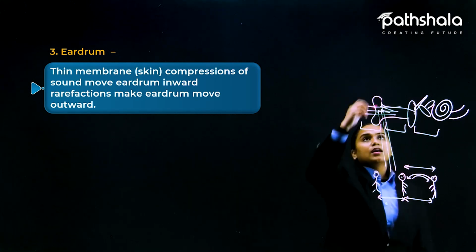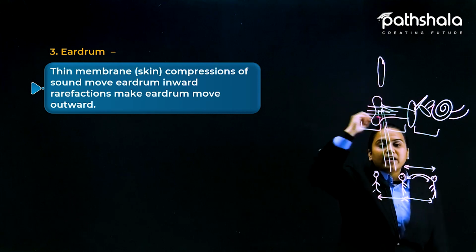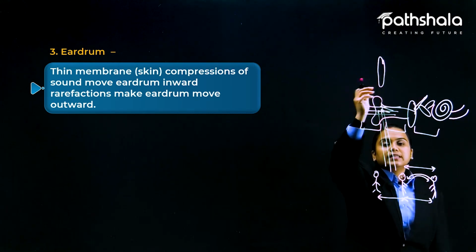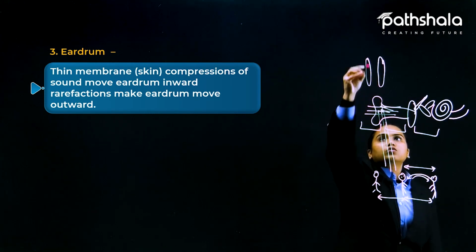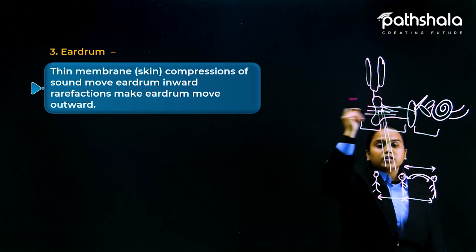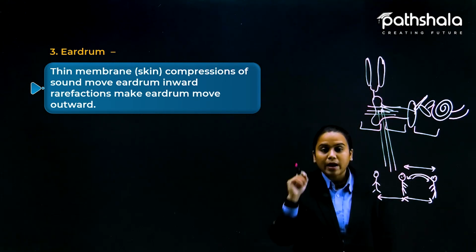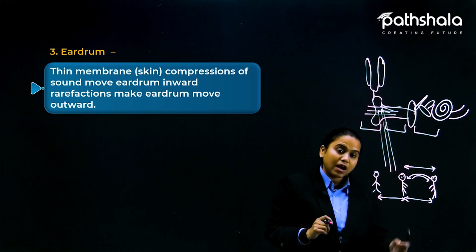You know that when we have done the rarefaction and compression thing, what I told you is, let's suppose these are the tongs. So tongs, what they were doing, they were shaking like this, so they are producing a vibration and that again produces a sound.